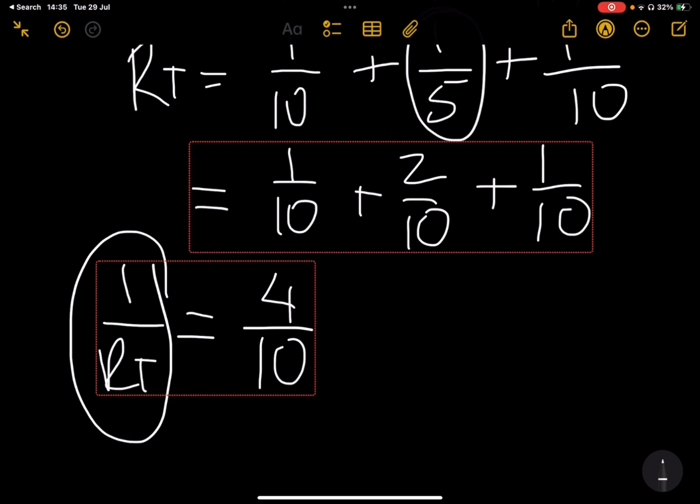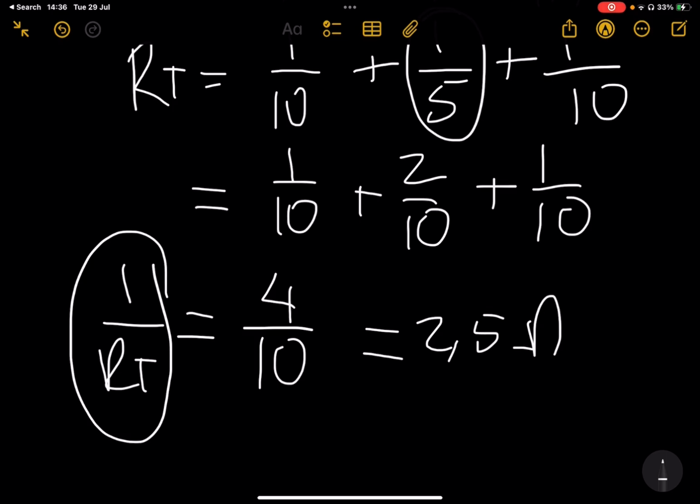It isn't just RT is equal to 1 over all of the other stuff on the right-hand side. So what you're left with is a flipping scenario. If you flip 10 over 4 and you flip RT over 1, anything over itself is just itself. So RT will then essentially be equal to 10 over 4, which is equal to 2.5 ohms, right?